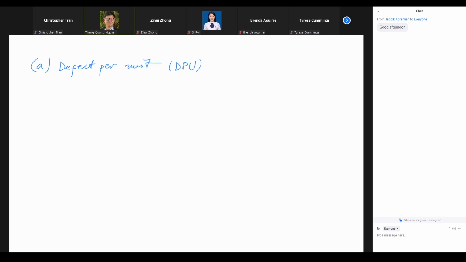The DPU equals the number of defects divided by the number of opportunities for error, or the number of units that we have in our sample. In this particular context, we're going to get 21 errors divided by 1406.25.